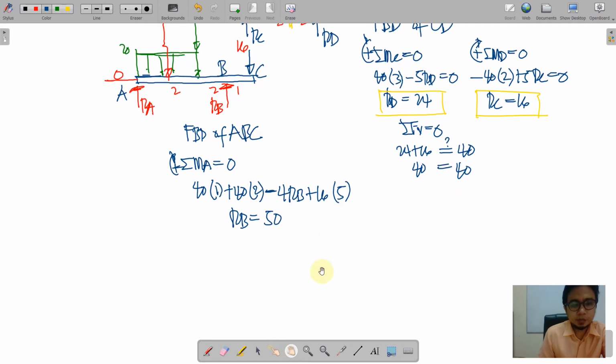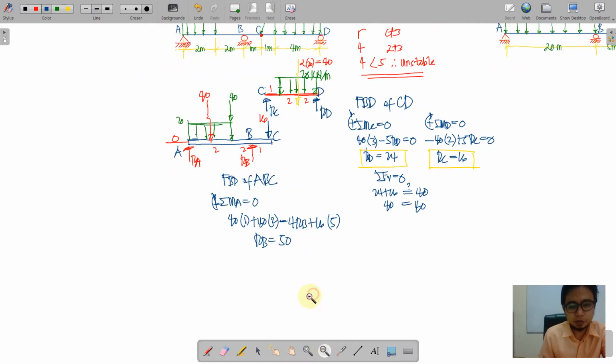So by and by, we're going to check our result first. So next, we have summation moments at C is equal to 0. Sorry. Summation moments at B, I should say, because we are after RA.